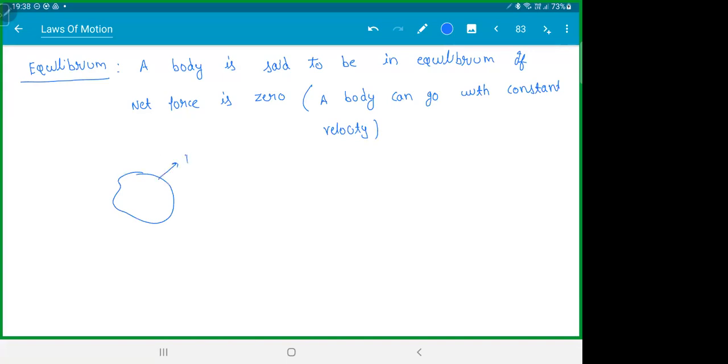So if you have a body here acting with forces F1, F2, F3, and F4, the net force F1 plus F2 and so on. We have done the exact same thing in vectors. The 0 vector.